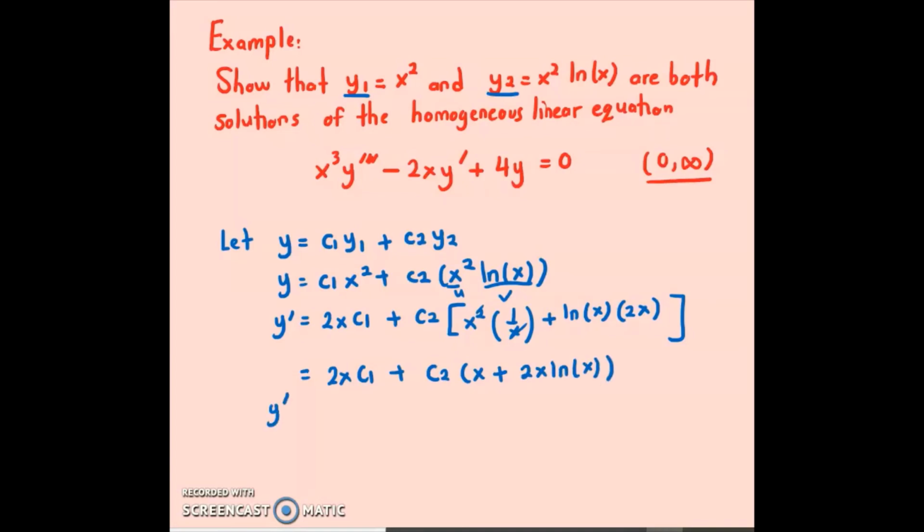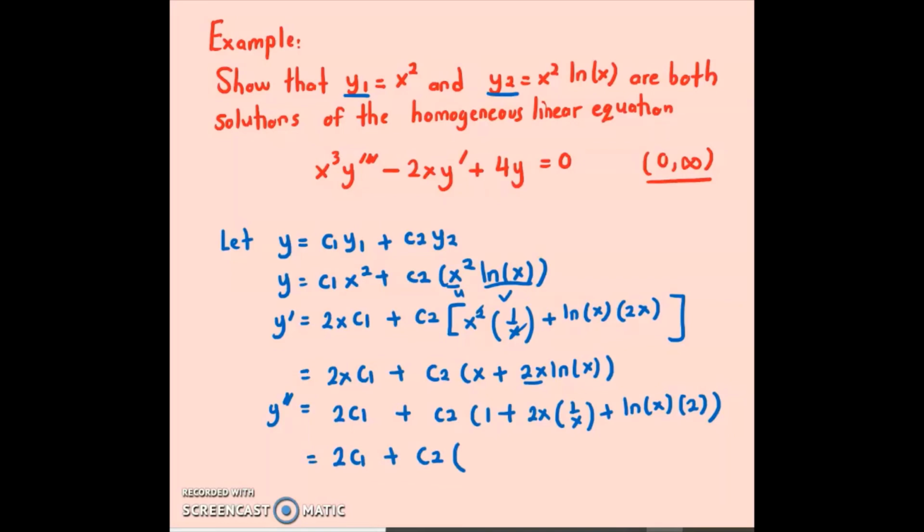Now taking the second derivative gives 2c1 plus c2 times (1 plus, using the product rule again, 2 plus 2 ln x).